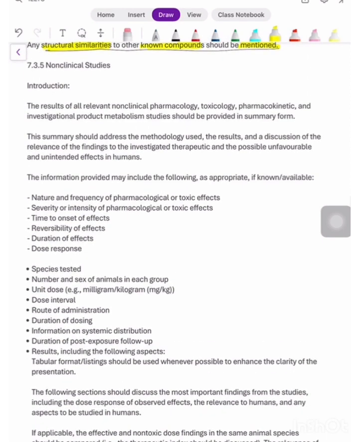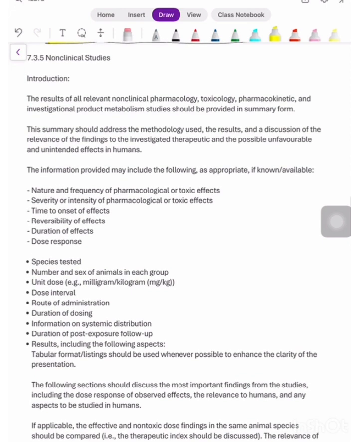Then non-clinical studies. What are they talking about? The results of all relevant non-clinical pharmacology, toxicology, pharmacokinetic, and investigational product metabolism studies. Non-clinical means something that is not done on humans.